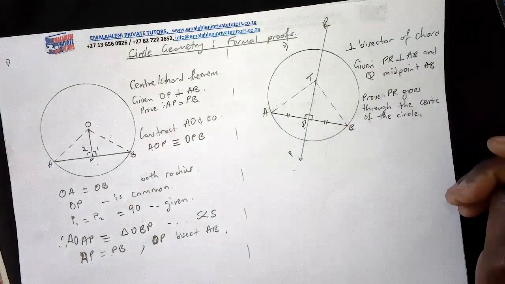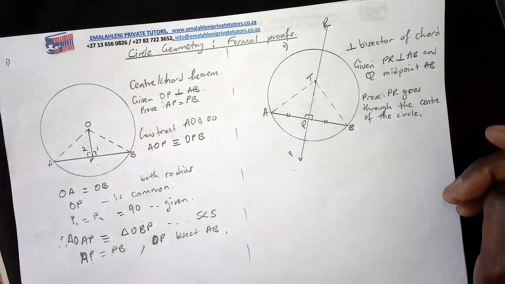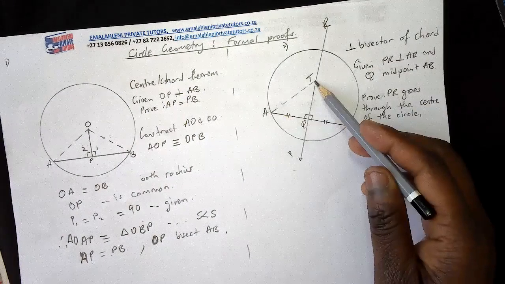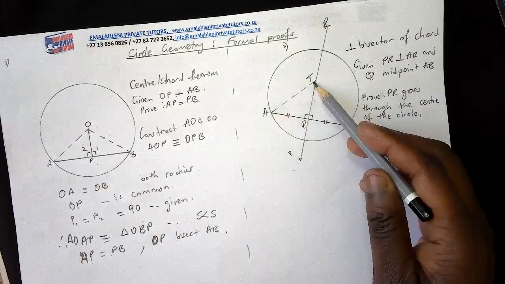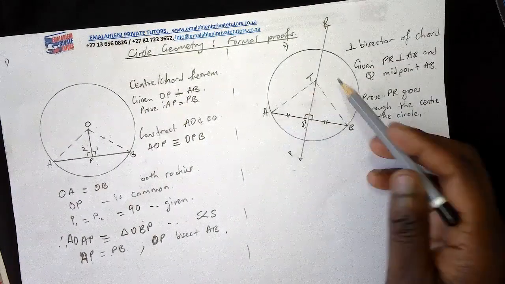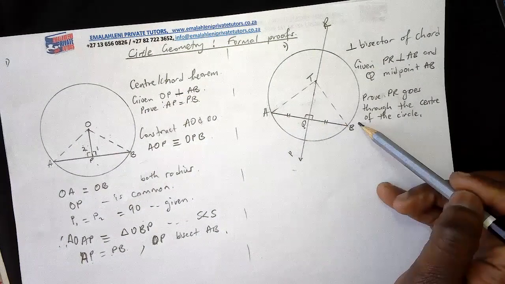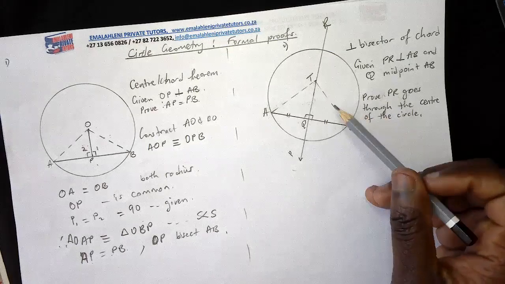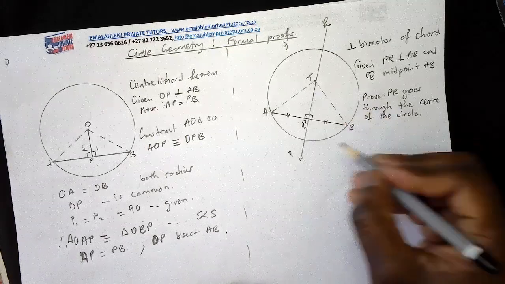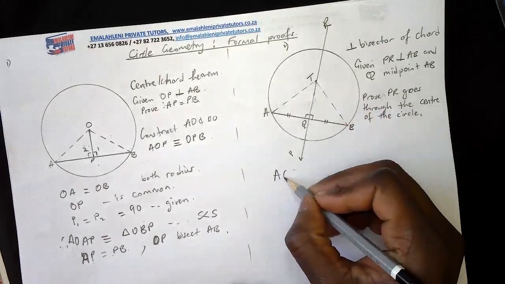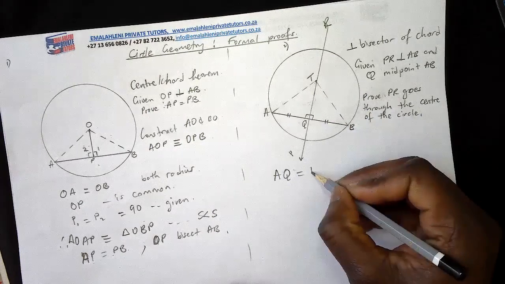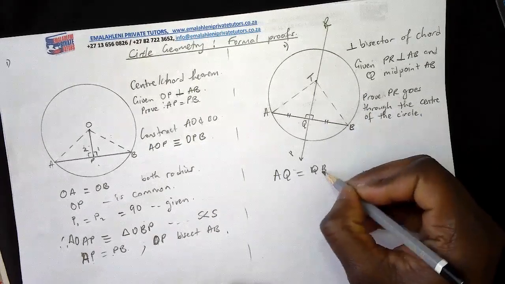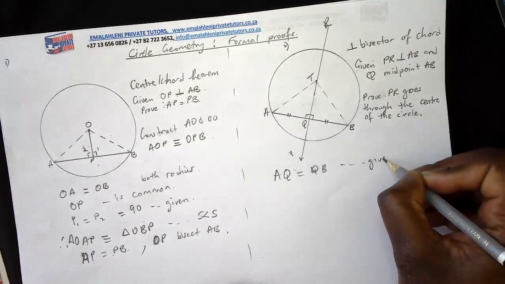Now, what are we going to do now? We have constructed again the lines here. This is what you construct: AT and also TB. Then from there, we know that AQ is equal to QB, and this is given.